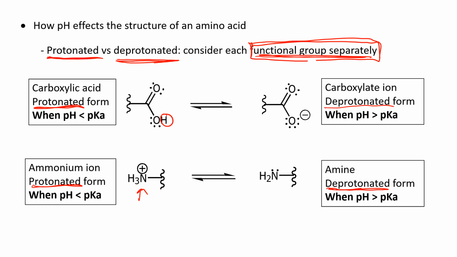So you may have to come back to this information until you are really comfortable with protonated and deprotonated forms. It's two functional groups, protonated when they have the hydrogen, deprotonated when one of the hydrogens is gone.